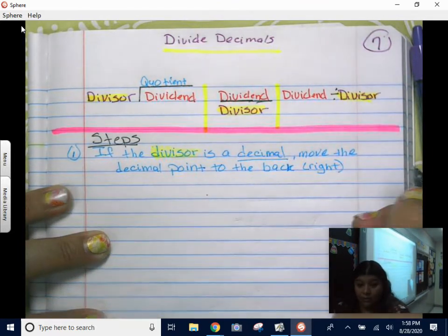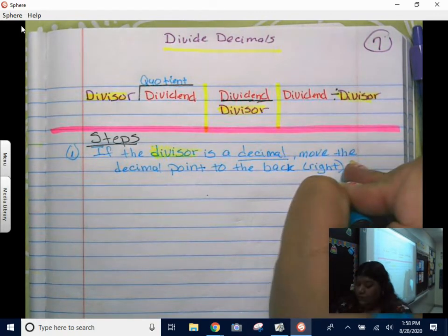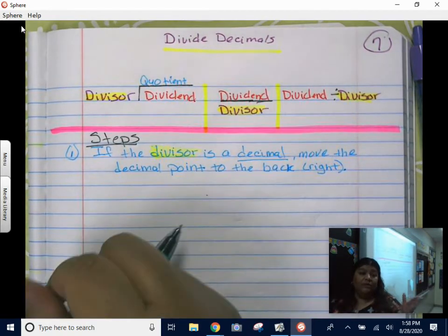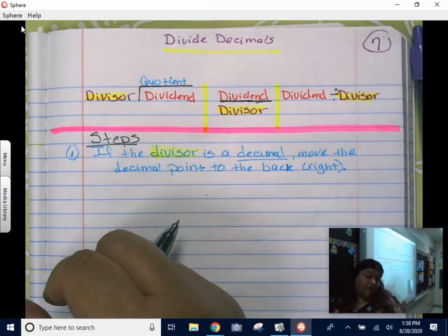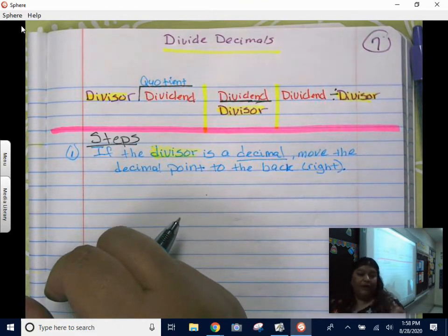That's what I mean by to the back, we're moving it to the right, okay? In other words, we're taking that decimal and moving it to the back until we see that we turn it into a whole number, okay?